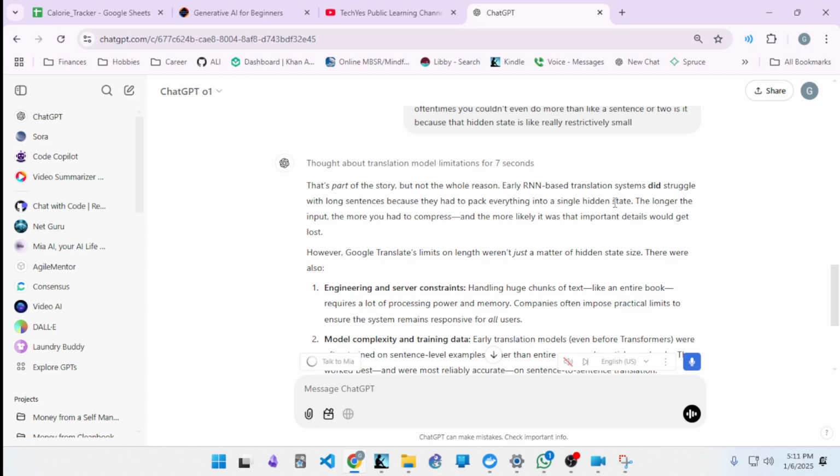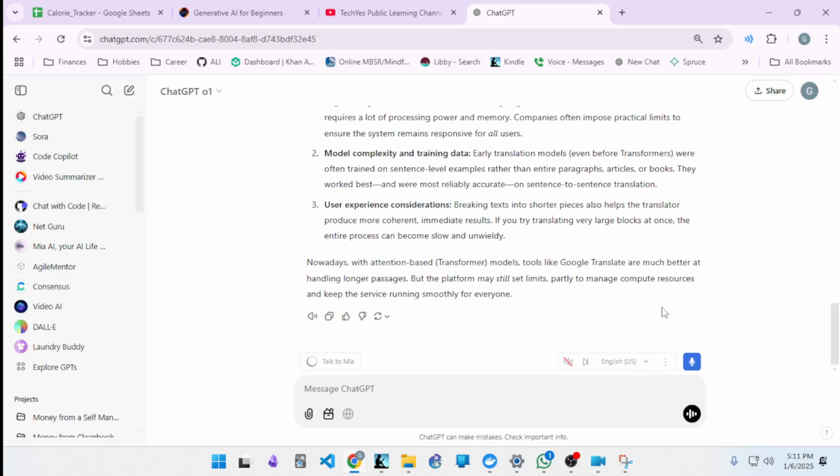Yeah, really early RNN translation systems did struggle with long sentences because of having to pack everything into a hidden state, but Google Translate itself likely wasn't limited by that.